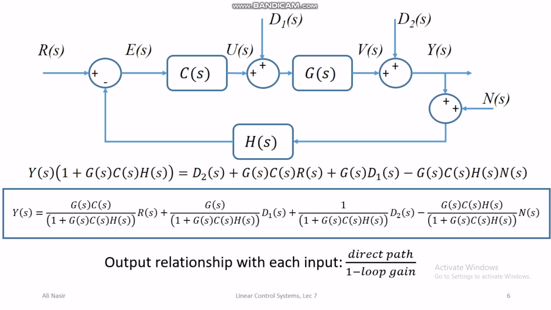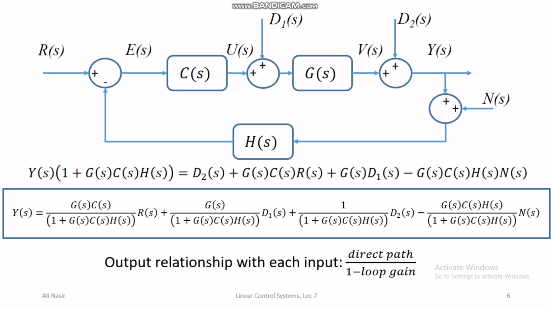Loop gain in this case is negative. That is why we have 1 plus g of s, c of s, h of s, in which minus c of s, g of s, h of s is the loop gain, and 1 minus loop gain is the expression for the relationship between y of s and different inputs in the block diagram.